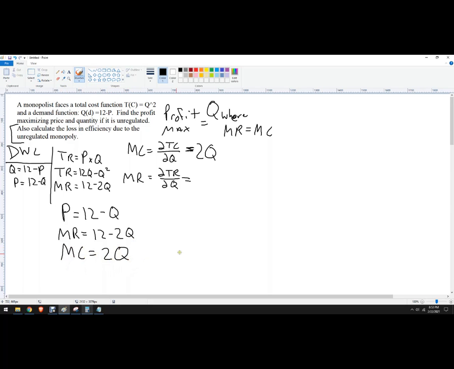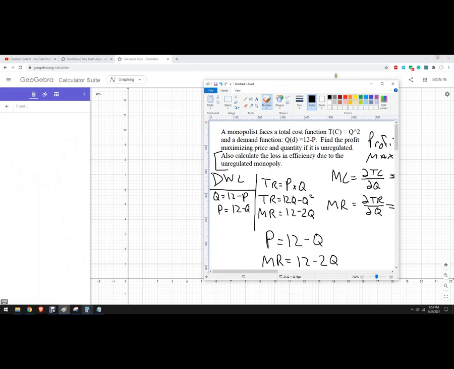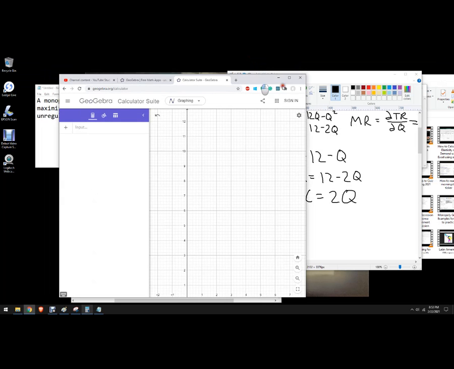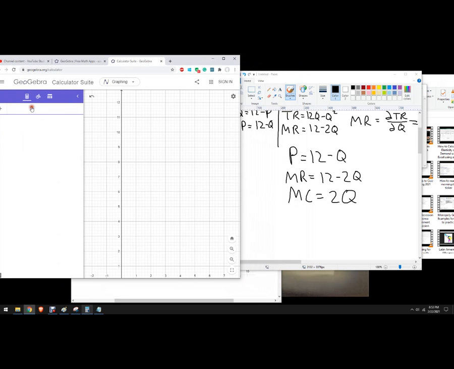So I'm going to plug these into my favorite graphing calculator, GeoGebra, and we'll make this a little bit smaller. One thing I want to do is translate, because P is on the y-axis, so I'm going to call price now Y.